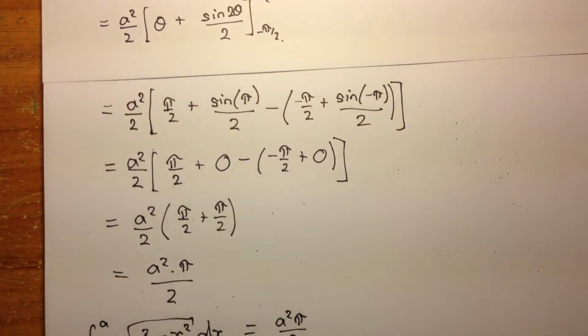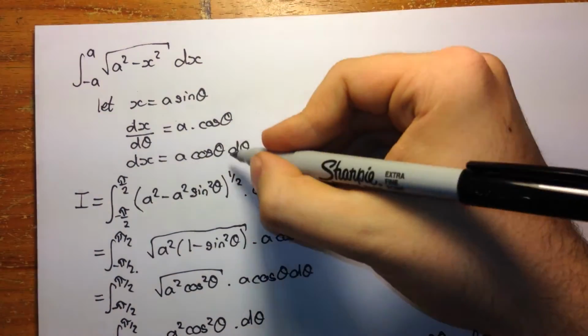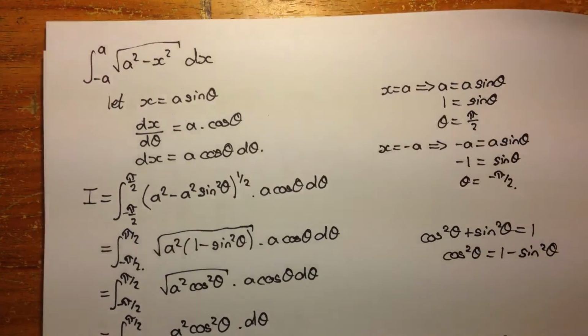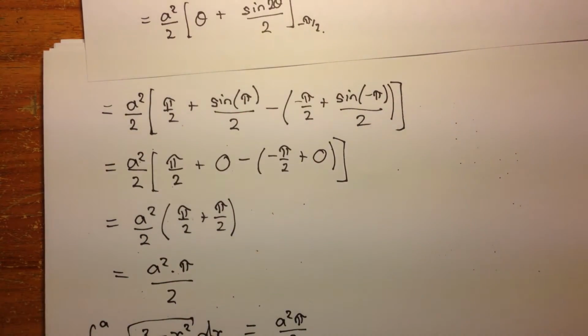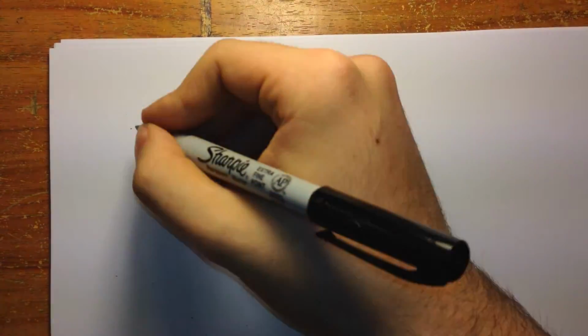Now this is quite a lengthy integral here, because we have to do a couple of things. We have to first make this substitution, and then we have to remember some of our trig formulas. But there is a nice neat way that we can compute this integral without actually having to do any integration. And this is how you do it.